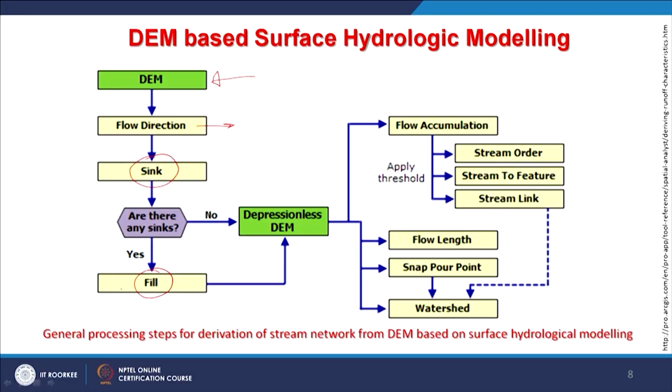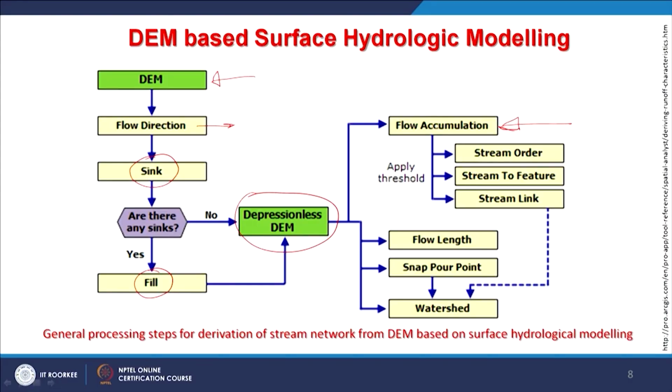After this sink fill it becomes a depressionless DEM, or sink-proof digital elevation model. This will go for further processing, and the next step is to calculate flow accumulation. What exactly flow accumulation is, and what flow direction is, we will discuss subsequently within this lecture or in the next one.